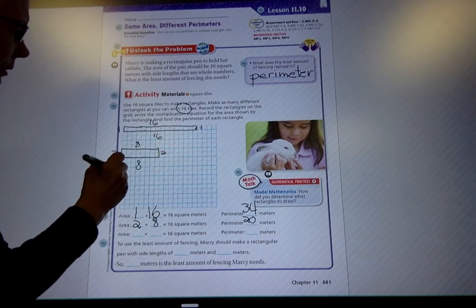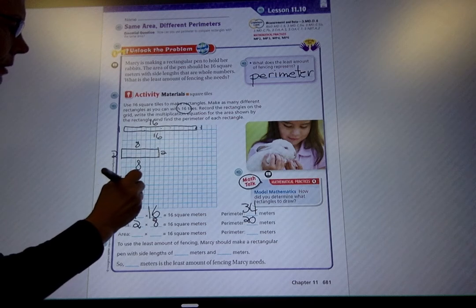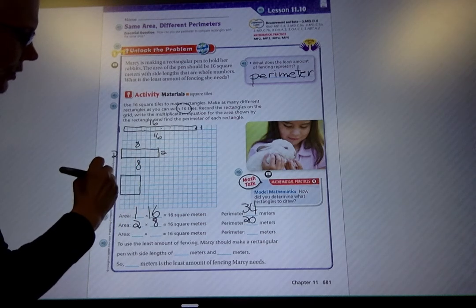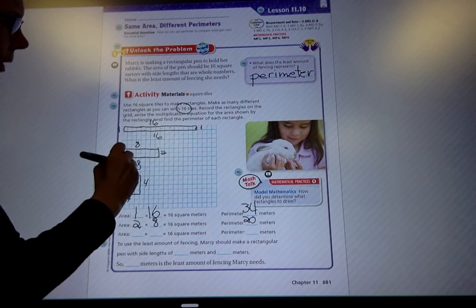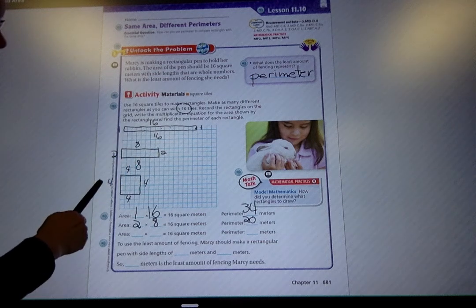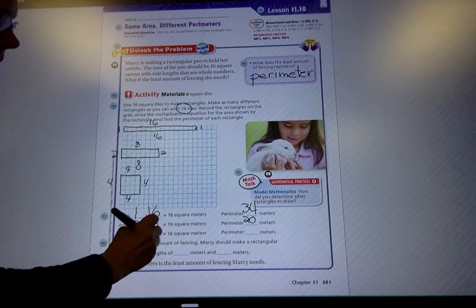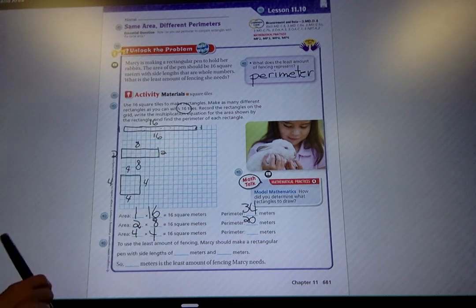Let's try 4 by 4. So now we know the area is 4 times 4, and that gives us 16, right? These are all going to equal 16.